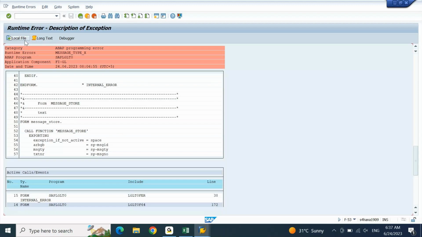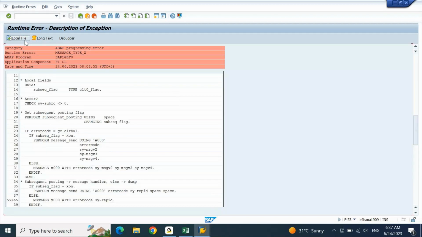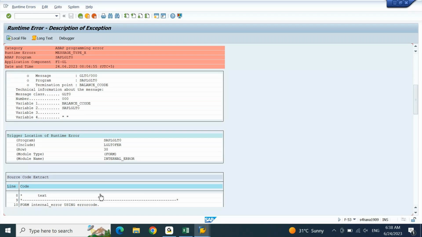Let me read through this. Message store exception. Triple zero balance.